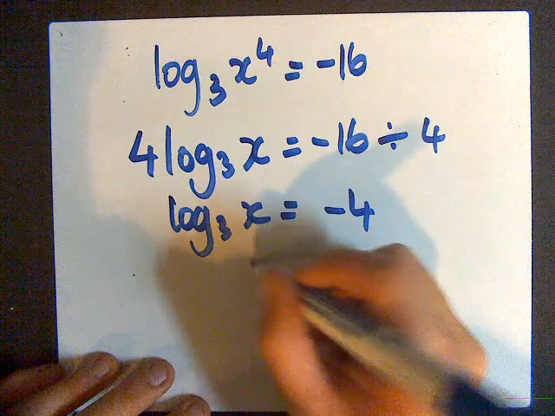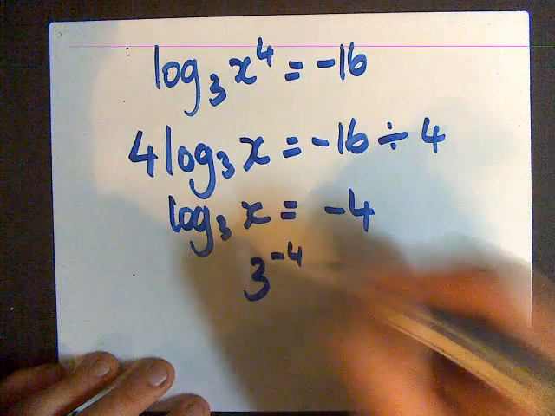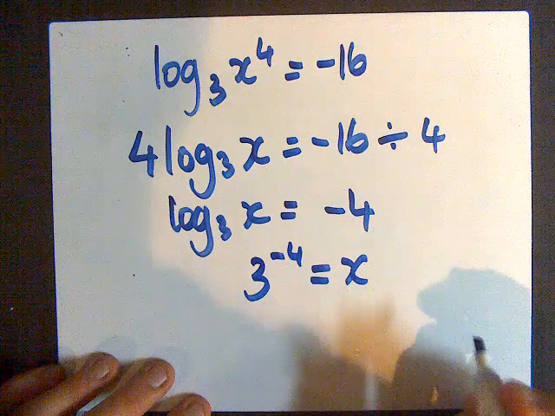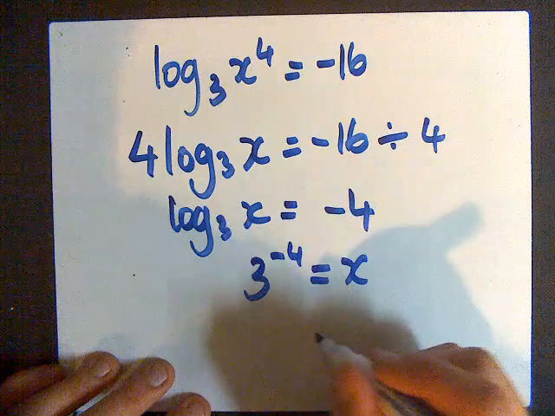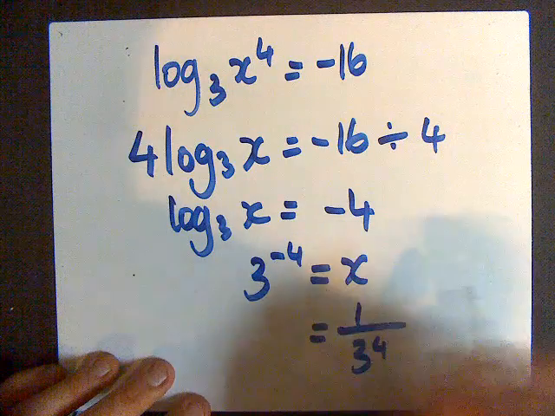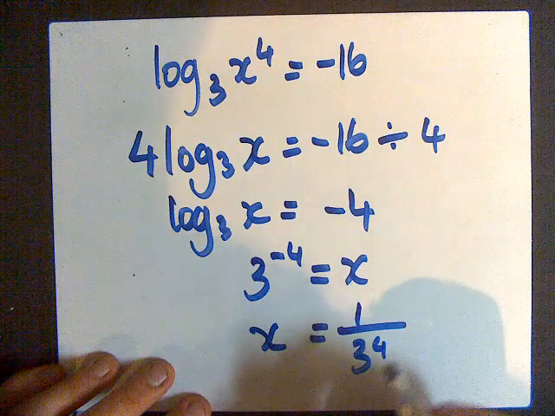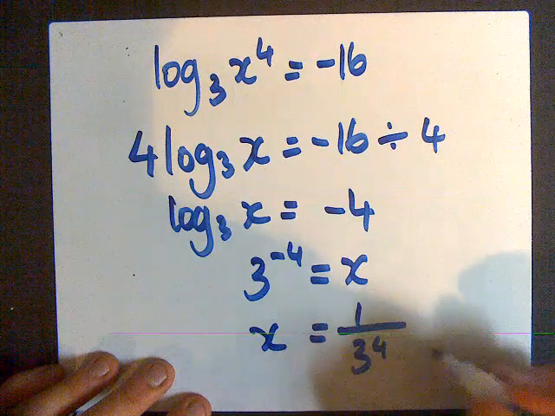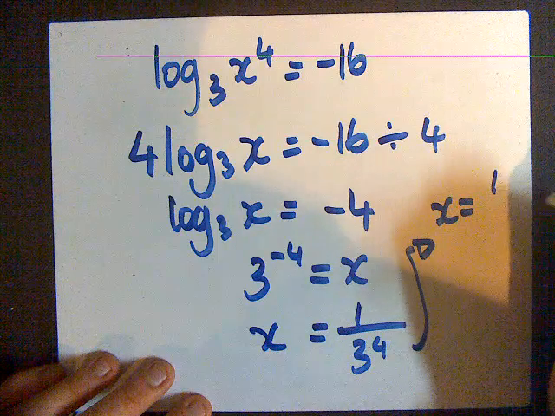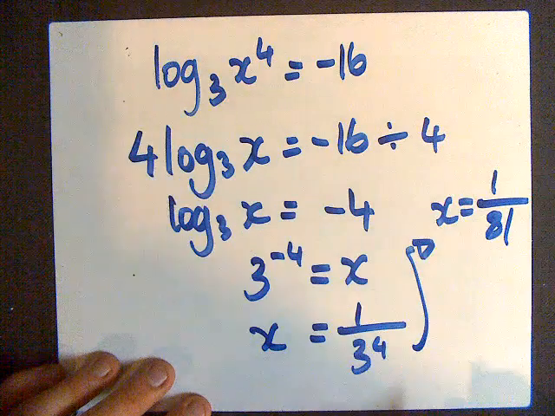So I have 3 to the power of -4 is going to equal x, pretty straightforward. So I want this to become not a negative, so I can put 3 to the power of 4 under 1. x equals 1 over 81.